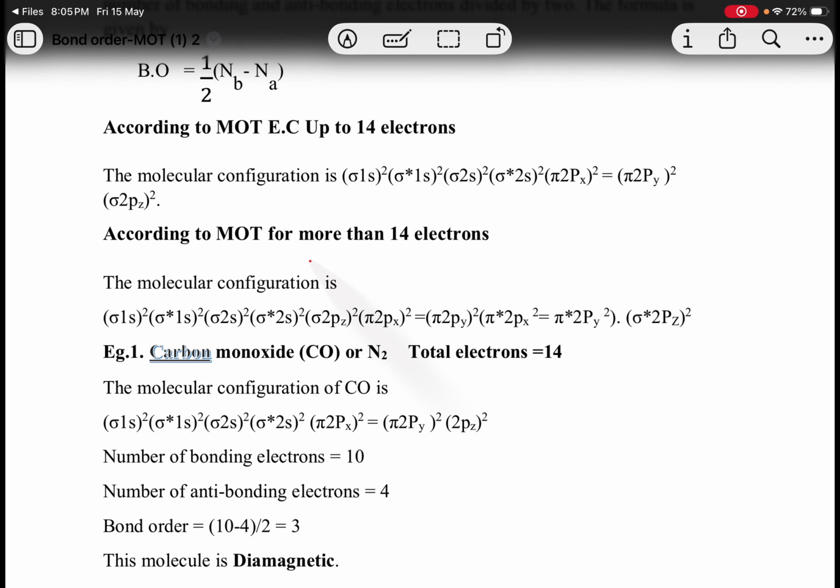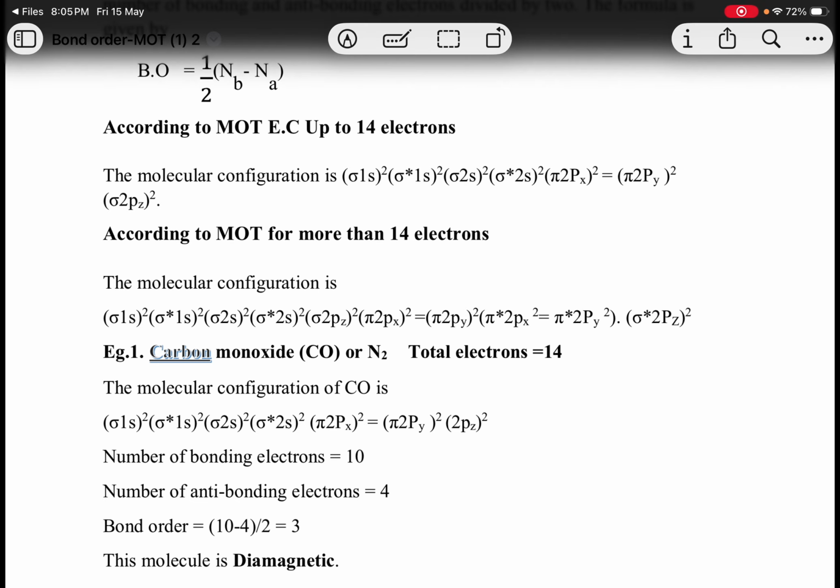If the molecule contains more than 14 electrons, then the molecular configuration is sigma 1s2, sigma star 1s2, sigma 2s2, sigma star 2s2, sigma 2pz2, pi 2px2 equal to pi 2py2, pi star 2px2 equal to pi star 2py2, sigma star 2pz2.